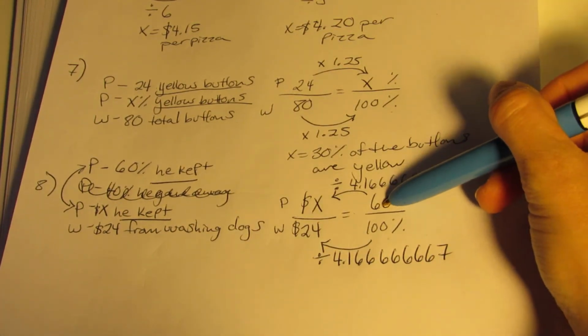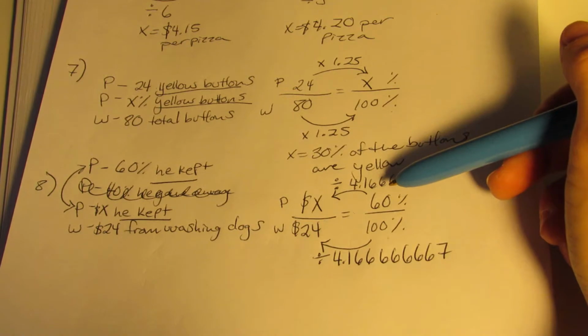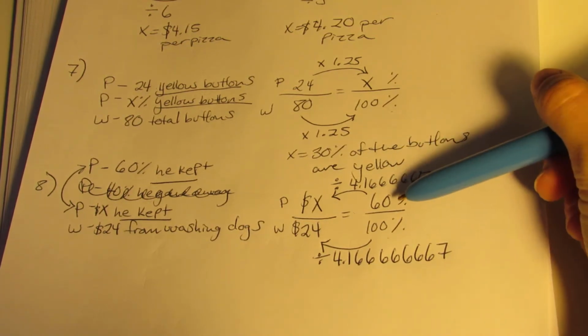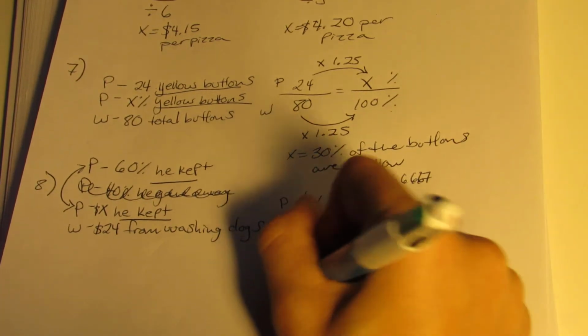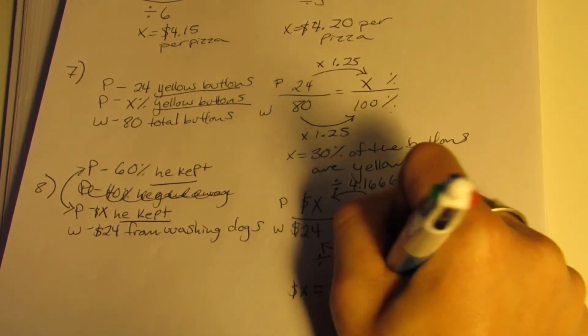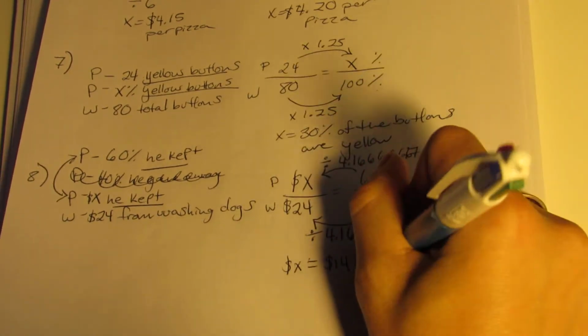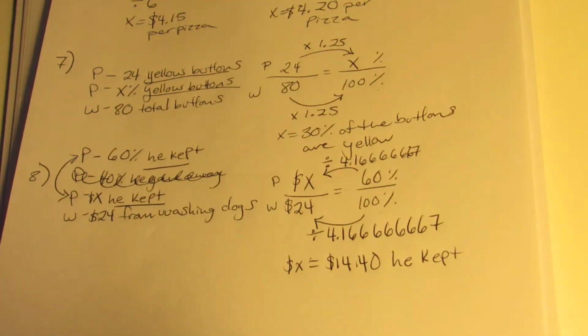So now I can do 60 divided by 4.1 and do as many 6s as you can. I get 14.4. Okay, so X is equal to $14.40 that he kept for himself. So again, let's check this with cross multiplication.